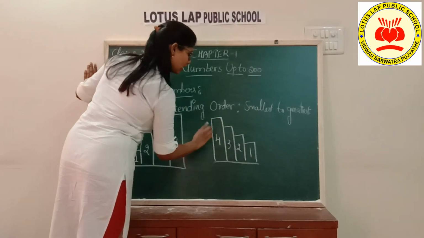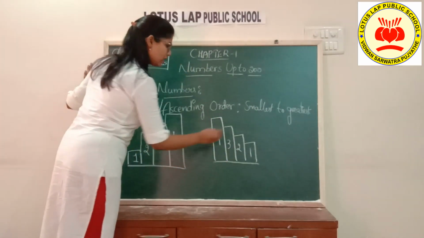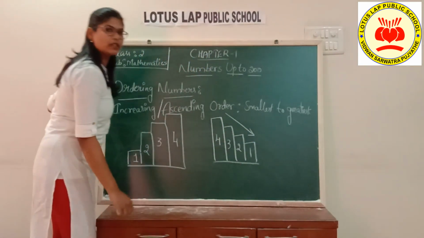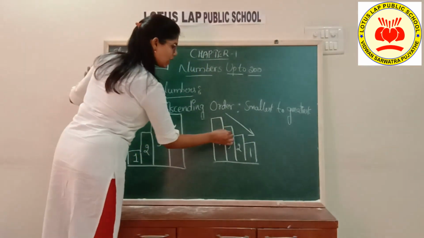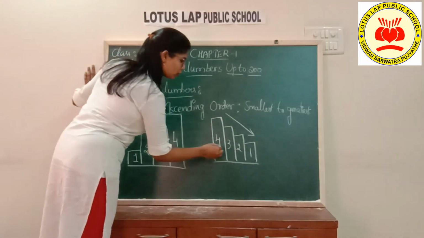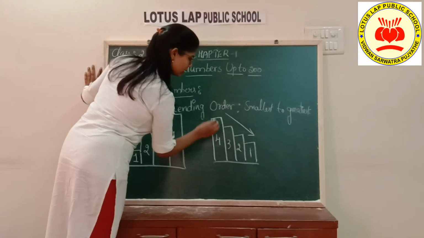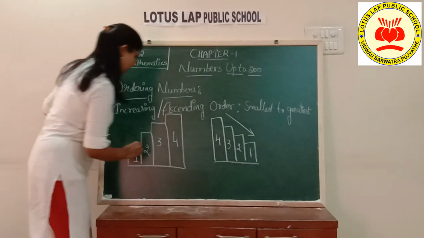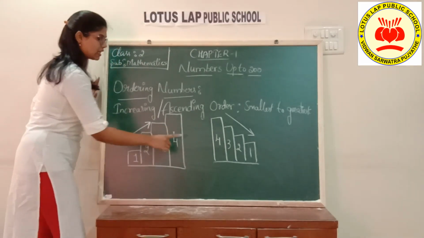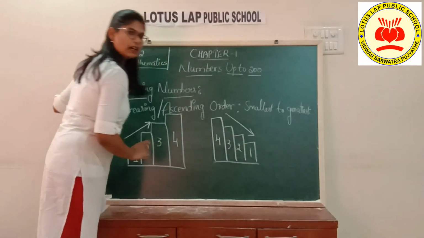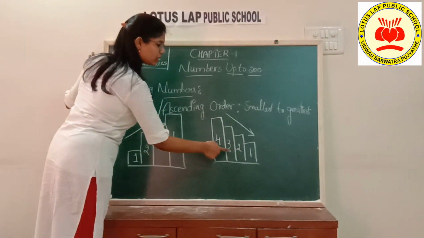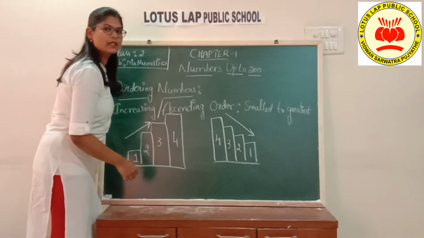If you see the order like this, from upward to downward direction, the height of the steps is decreasing. Okay, from 4 to 1, the height of the steps is decreasing. Here the height of the steps towards upwards is increasing. If you see the example of this towards downwards, it is decreasing. 4, 3, 2, 1. Right?